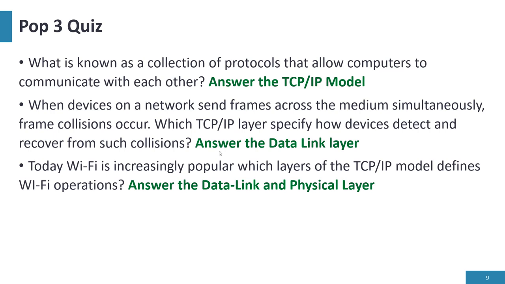Second question: when devices on the network send frames across the medium simultaneously, frame collisions occur. Which TCP/IP layer specifies how devices detect and recover from such collisions? The answer is the data link layer. Of course there are multiple devices on the network.